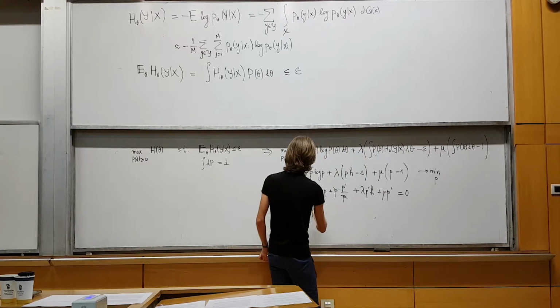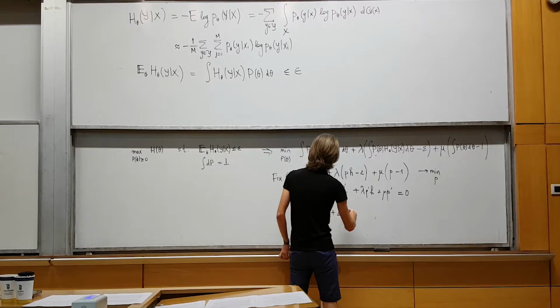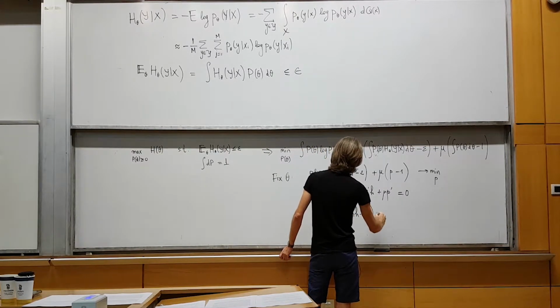Okay, so I can write here as p prime times (log p plus 1 plus lambda h plus mu) equals 0.